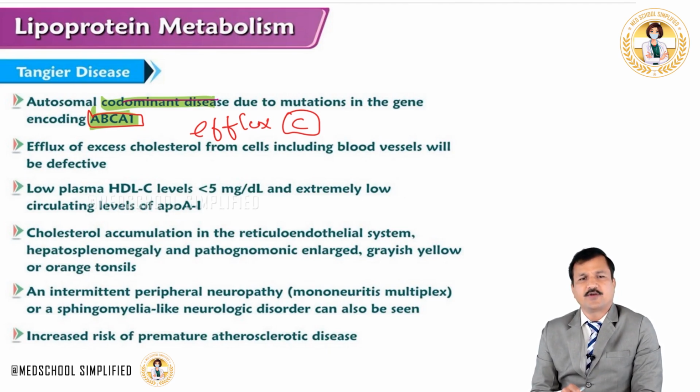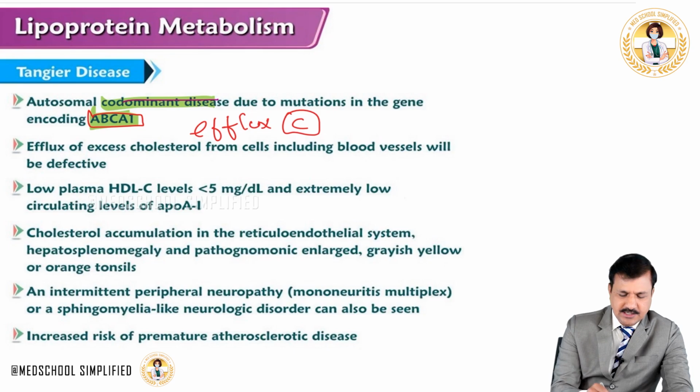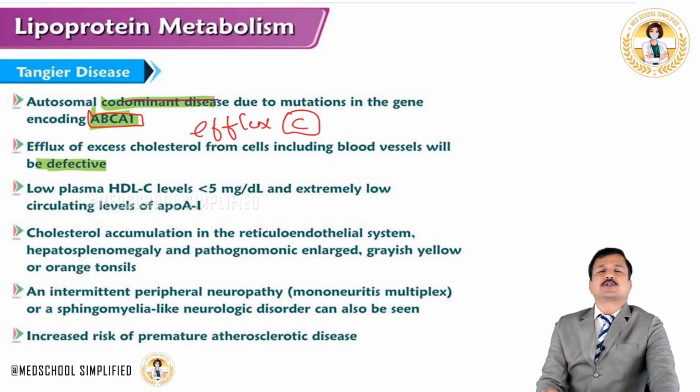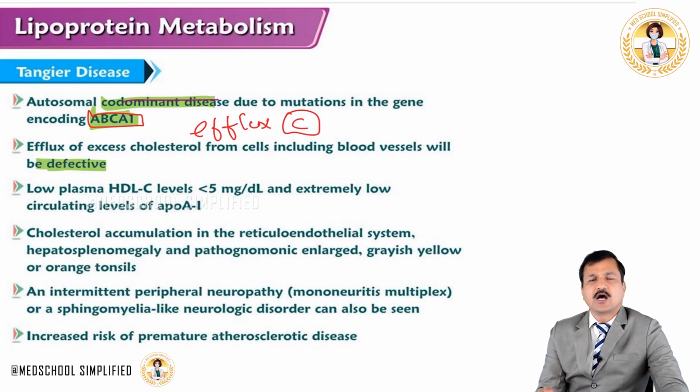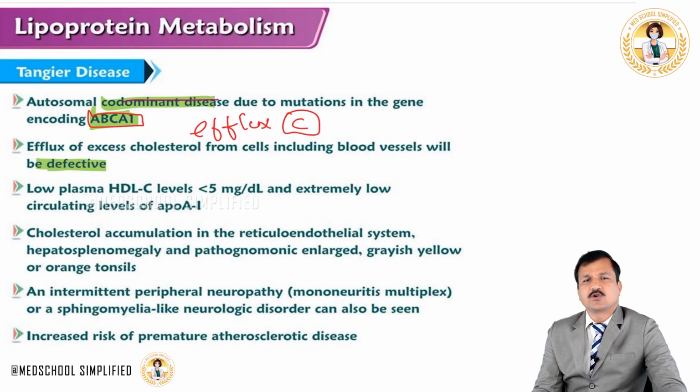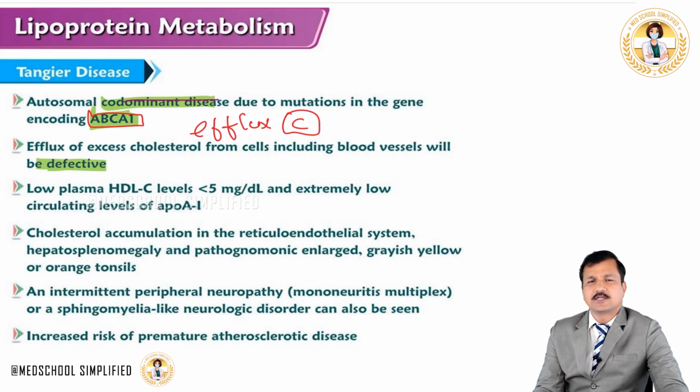So this kind of efflux of excess cholesterol from cells, including the blood vessels, will be defective in this particular disease. And because of this, what will happen? Nascent discoidal conversion into HDL3 is not going on, or it will be decreased, because for that you need the ABCA1 transporter to pump that excess cholesterol into the HDL.